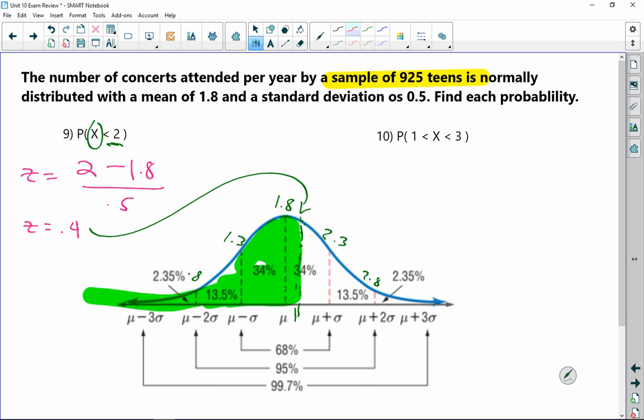You look up here, and a lot of this will make sense. I want all the portion that's what? To the left, below it. Yeah, less than. Okay, so would this number be my upper, or would it be my lower? Okay, so write that down. This is my upper end right here, which is 0.4.